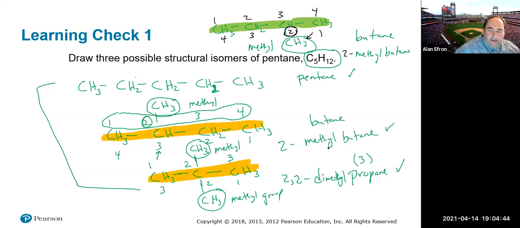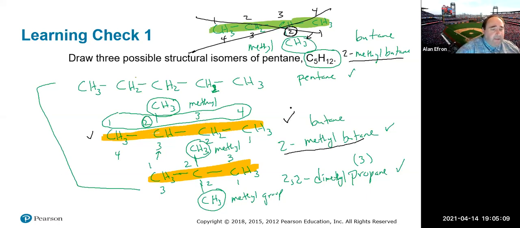Wait a sec. That is the same name as what I got below. That means although it may appear to you to look different, it's actually the same structure as this guy. And that's why it's really important when you do isomers and you draw these different structures to go back and name them, because this would not be another isomer. It's actually just the same picture as I drew here.